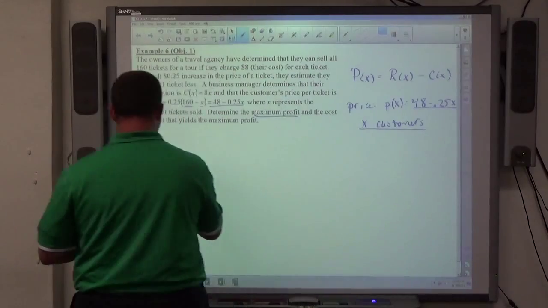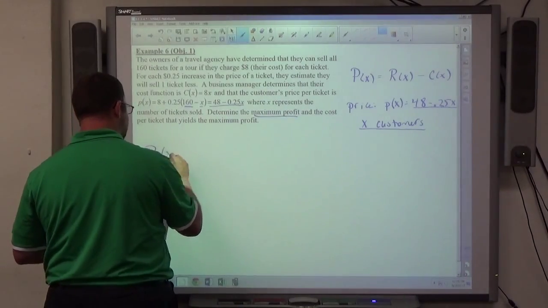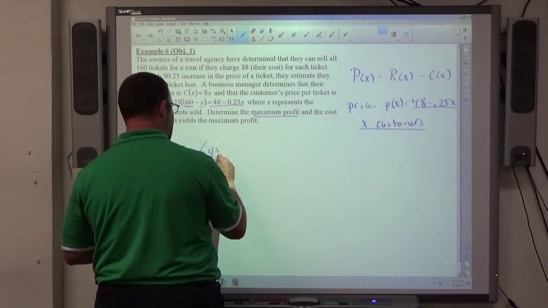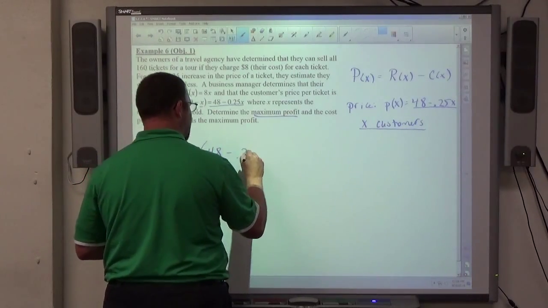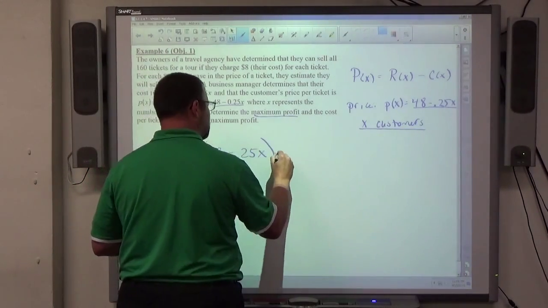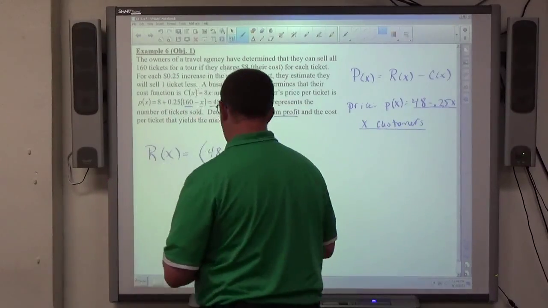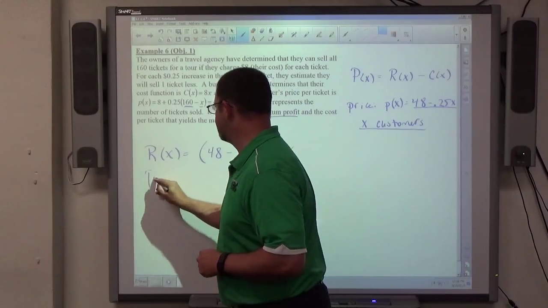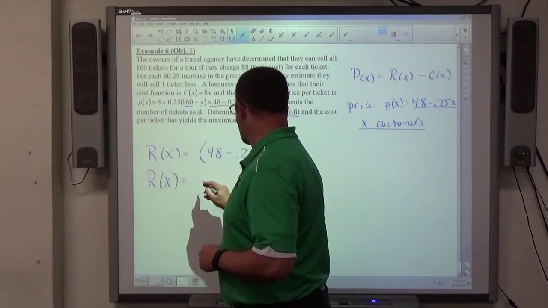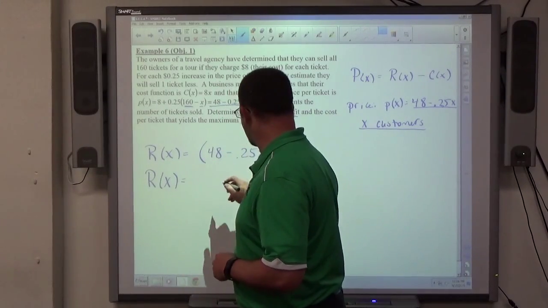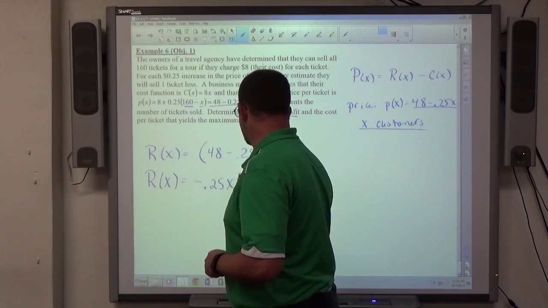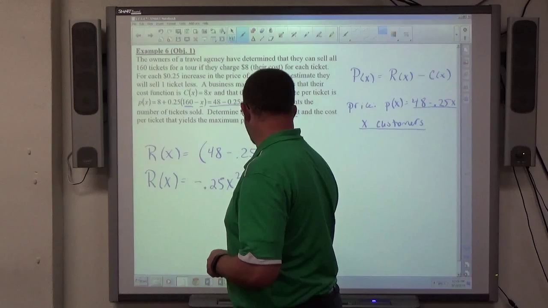Okay, so if I take R of x equals the price per ticket, which is 48 minus 0.25x, multiply it times the number of tickets that are going to be sold, which is x, that gets me a revenue function of, I'm going to go descending order, negative 0.25x squared plus 48x.